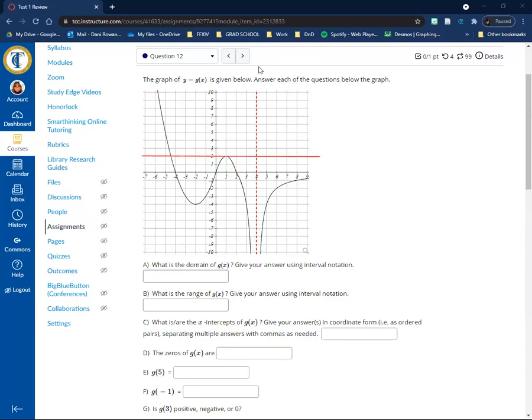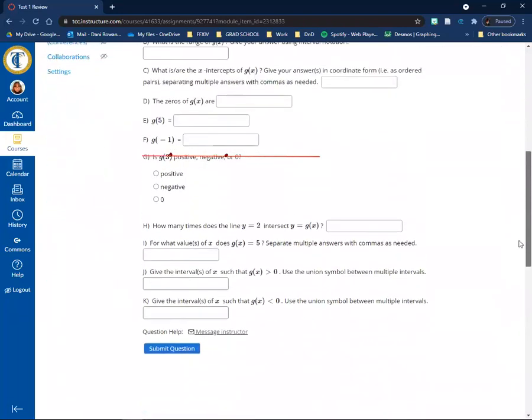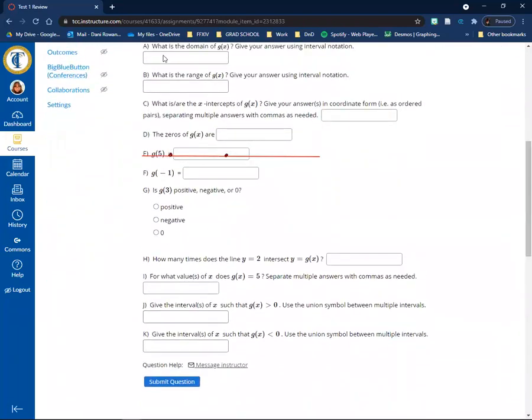How many times does it cross? Twice. Yeah, right here and right here. So on the question, it's just going to be 2 times.